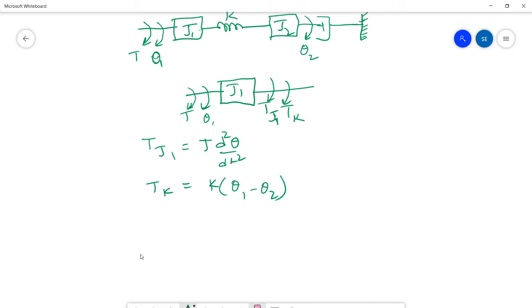These are the individual torques due to Tj1 and Tk. And what is the overall torque here?